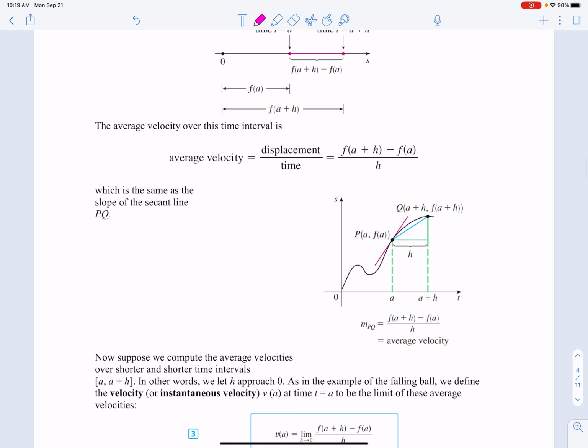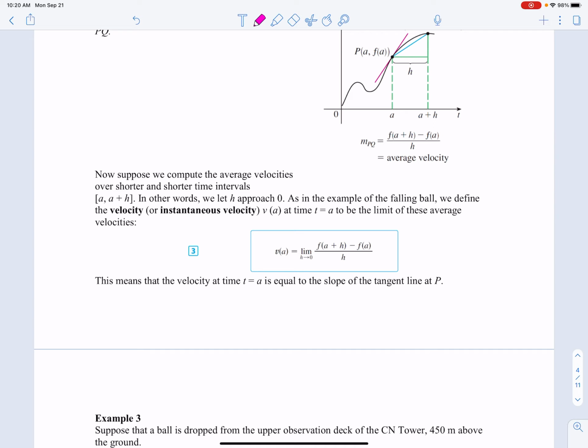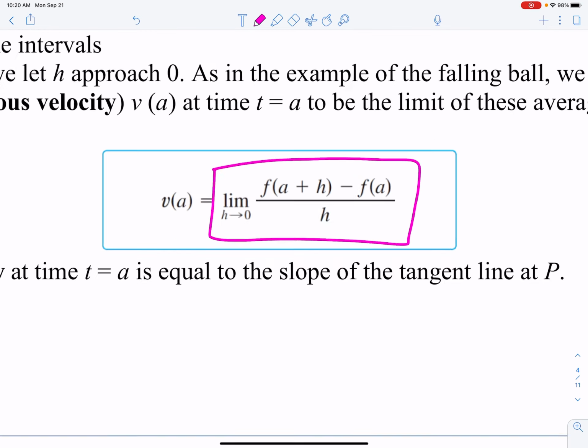So average velocities, all that. Again, we're just applying what we just did, take the limit of the difference quotient. Now we can apply it to physics. If you remember, if we have the position function s of t, its derivative, you'll find that out, is velocity. So again, we have the limit of the difference quotient here.